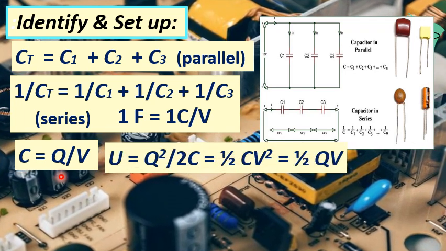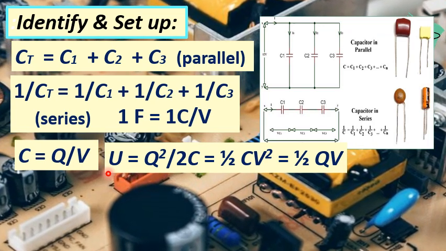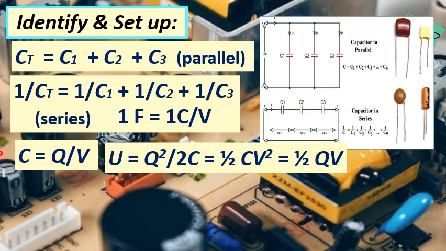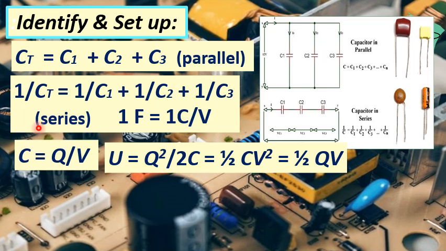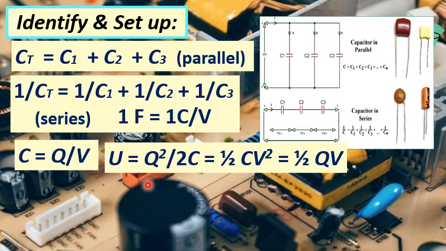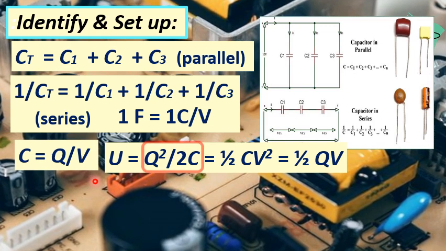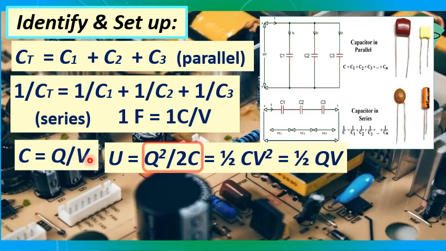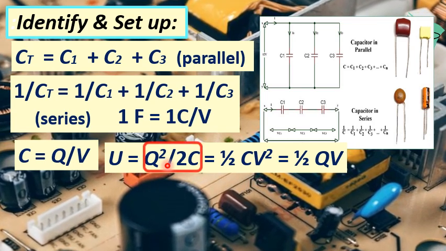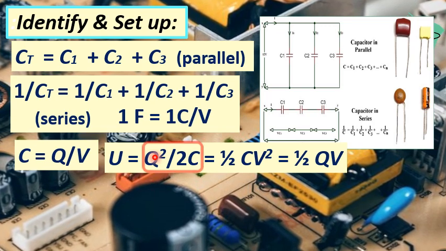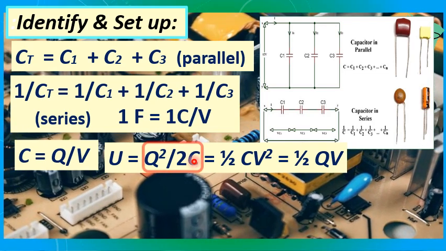Likewise, we also have the formula for computing the stored electric potential energy, or simply energy, the amount of energy that is stored in the electric field of a capacitor, denoted by capital U. So when the capacitors are connected in series, we use this formula: the stored energy capital U is equal to the square of the charge Q in the circuit divided by twice the equivalent capacitance.